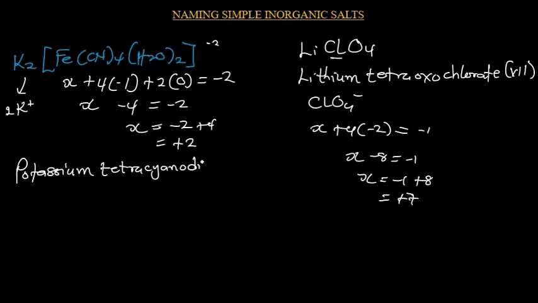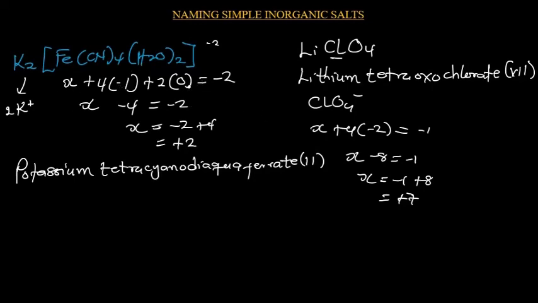So diaqua, and then the iron when it is in an anion form, we call it what? Ferrite, okay? We call it ferrite. So tetracyano diaqua ferrite, ferrite 2, okay? So that is what the name looks like for this particular compound.